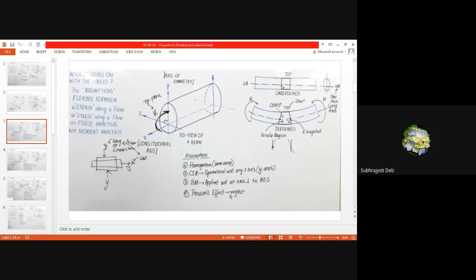The beam's length will increase, but in the y direction, see, the length will decrease. So we will neglect this effect while deriving the flexure formula. We will neglect this reduction of length in the y direction. We'll only consider the increase of length in the x direction. That is the assumption here.